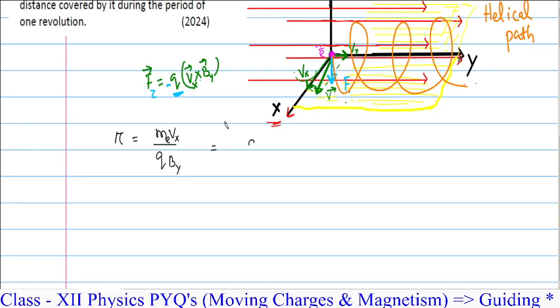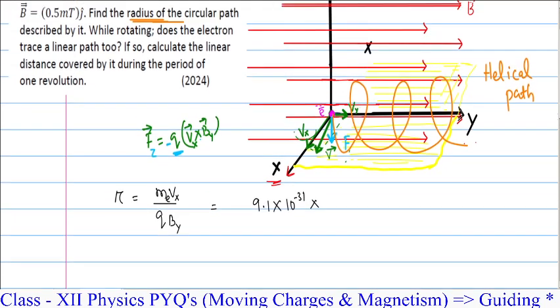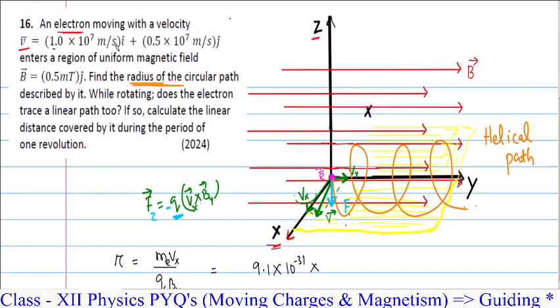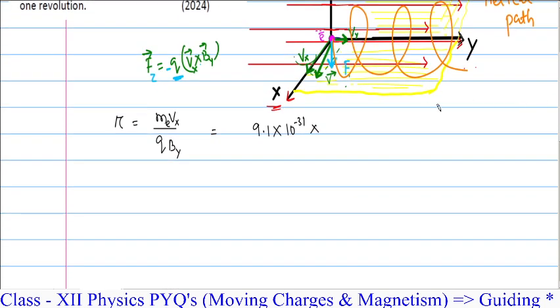Mass of electron is 9.1 × 10⁻³¹ kg, velocity along the x-axis is given as 1 × 10⁷ meter per second, velocity along the y-axis is given as 0.5 × 10⁷ meter per second, and magnetic field along the y-axis is given as 0.5 × 10⁻³ Tesla.